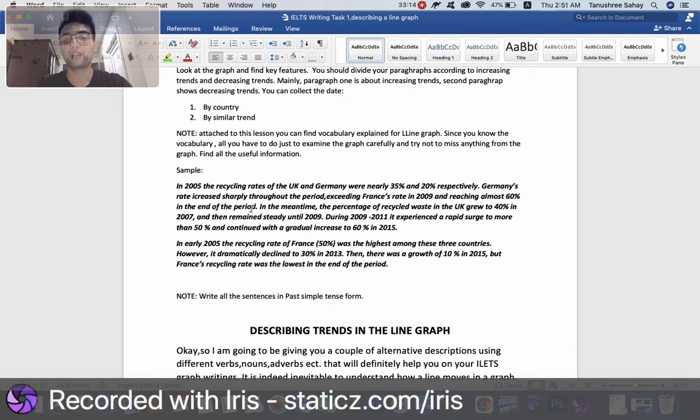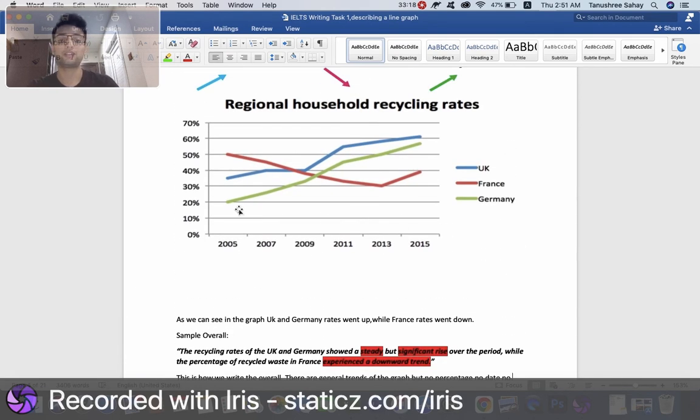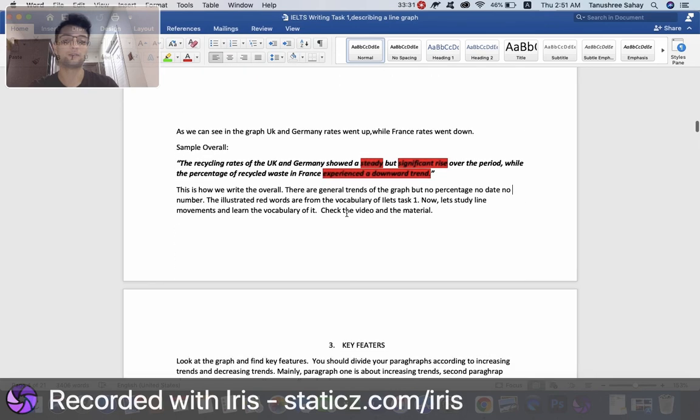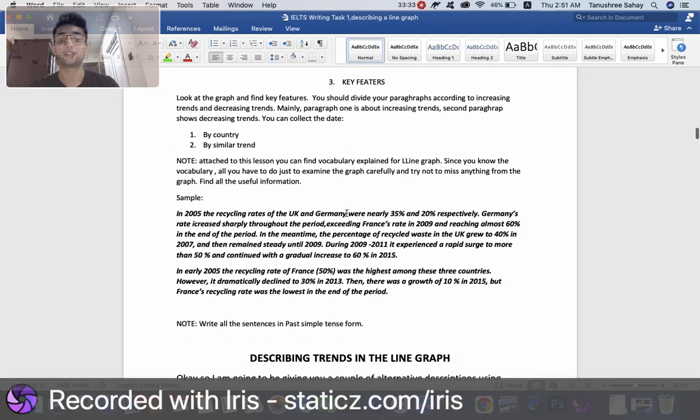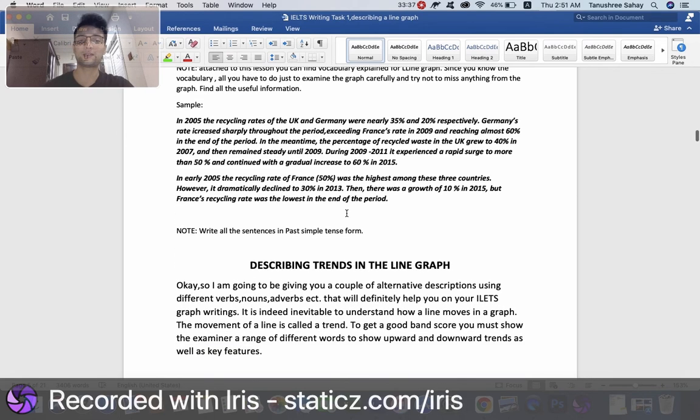So Germany's rate increased sharply over the period of time, but I just want to mention in 2011 it has a slightly smaller increase than the years before. So I just describe it like this. Germany's rate increased sharply throughout the period, exceeding France's rate in 2009.